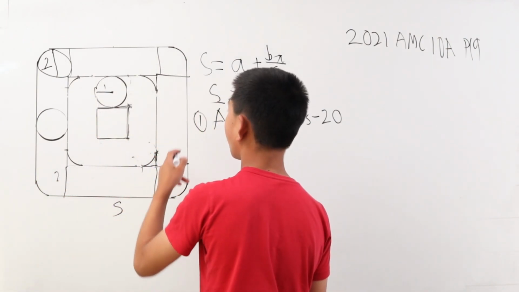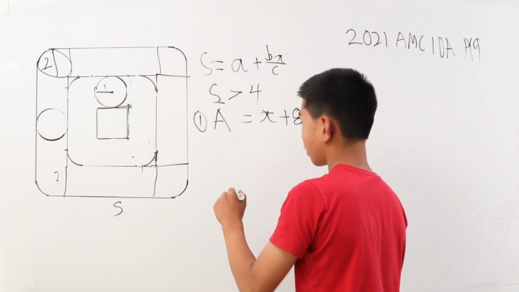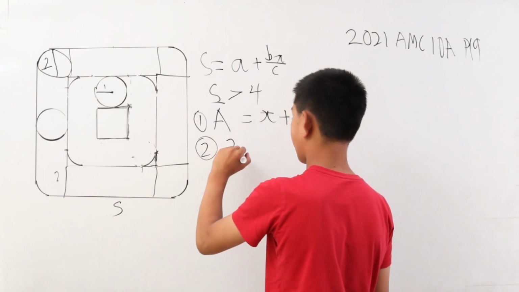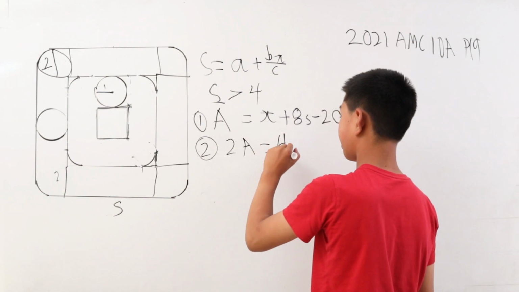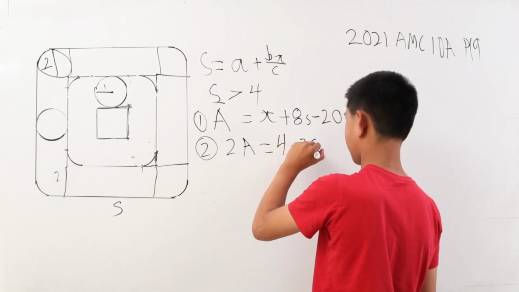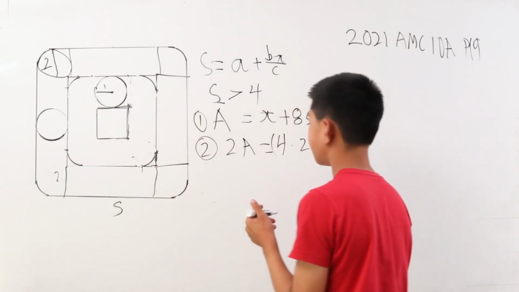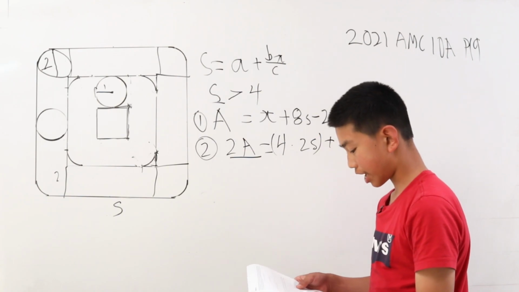So now there's 4 of these possible rectangles. So the second equation is going to be 2a is equal to 4 times 2s plus, well, these corners. And the reason why it's 2a is because we're given it's 2a.